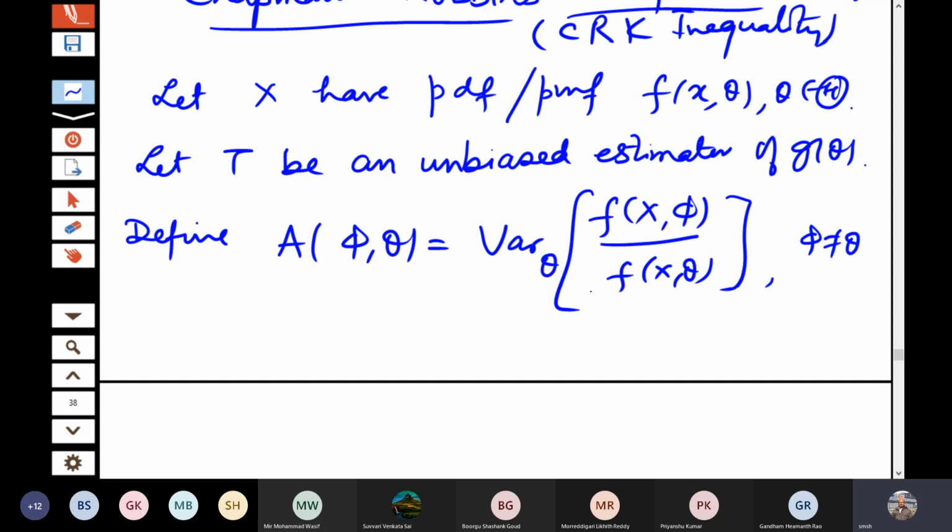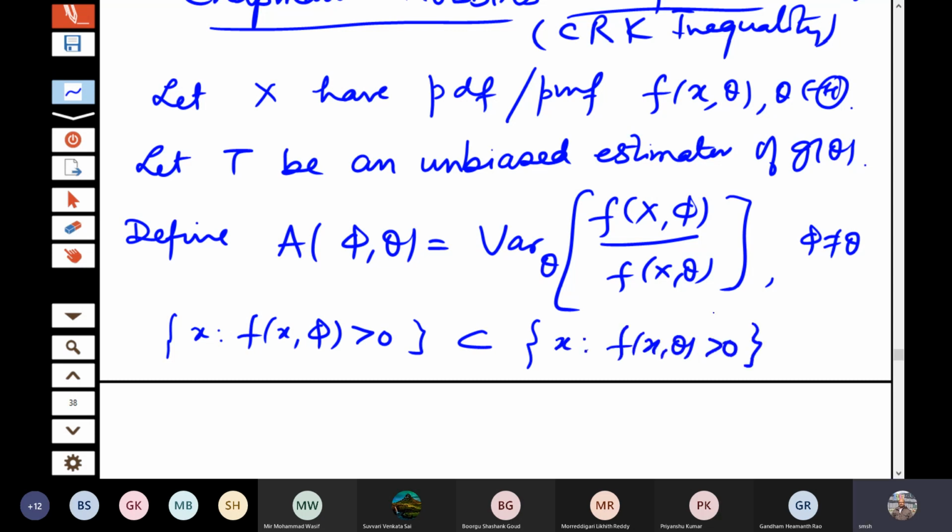Of course, this should be well defined, because if the density is 0, then this is not defined. So I am defining it over the range where f_X(x; phi) is positive. This should be a subset of the range where f_X(x; theta) is positive, because this should not become infinite. This should be well defined.